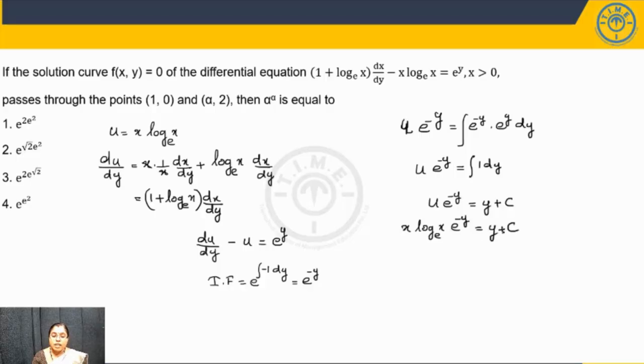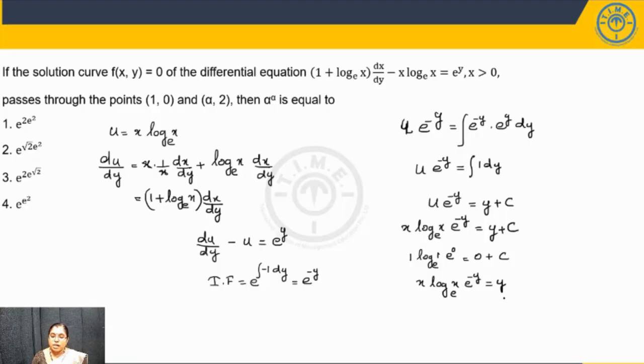Now given that this equation passes through (1, 0), when you put x equal to 1 and y equal to 0, what do we get? 1 into log 1 to the base e into e raised to 0 equal to 0 plus c. So obviously c is 0. So we have x log x to the base e into e raised to minus y equal to y. So take e raised to y to the right hand side.